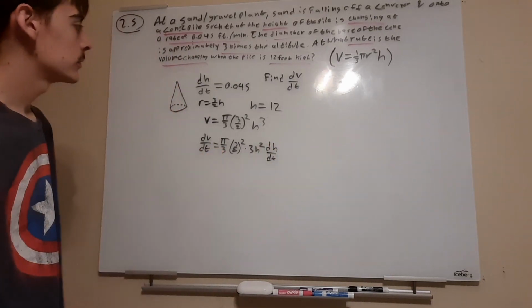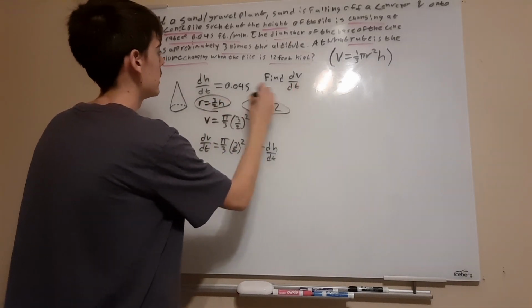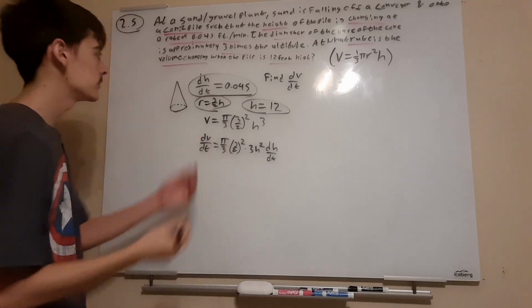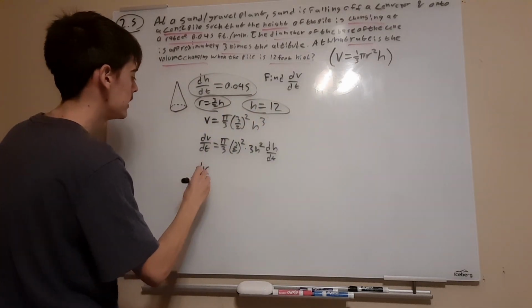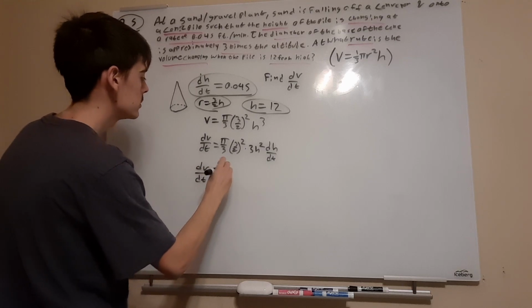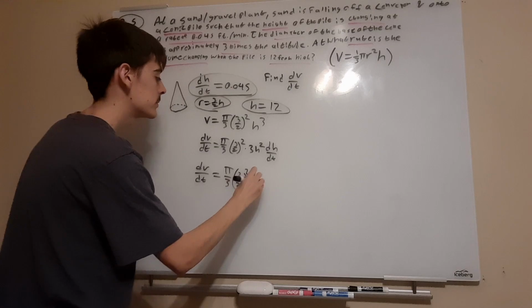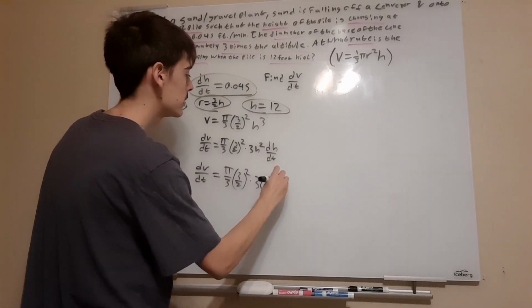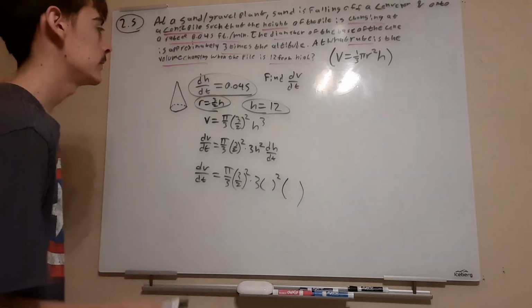Now that we have this all derived, we could plug in all of the information that we have. We're finding dV/dt, so dV/dt is the only thing we leave as it is. That equals pi over 3 times (3/2) all squared times 3 times h squared, so h will have to plug in a value, and then times dh/dt, so we'll have to plug in a value for that.